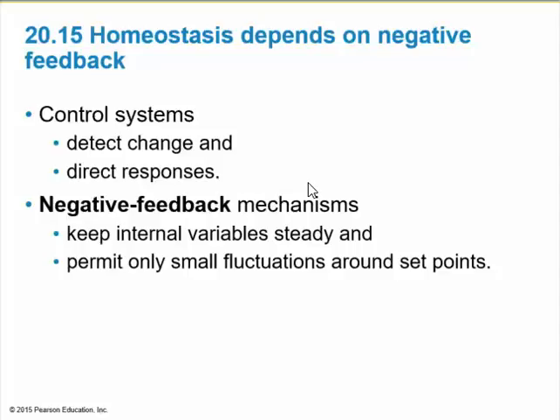There is a control system, the thermostat, which detects change and will either turn on the furnace to warm it up, or shut it off because it's already hot enough. The purpose of negative feedback is to keep internal variables steady and permit only small fluctuations around a set point, in this case a temperature that is set.